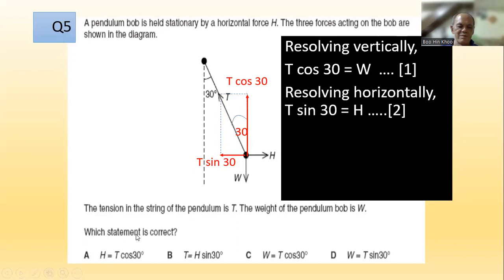Then you can look at all the answers. No, it's wrong. This is wrong. This is wrong. From here, W equals T cos 30. That's the answer.